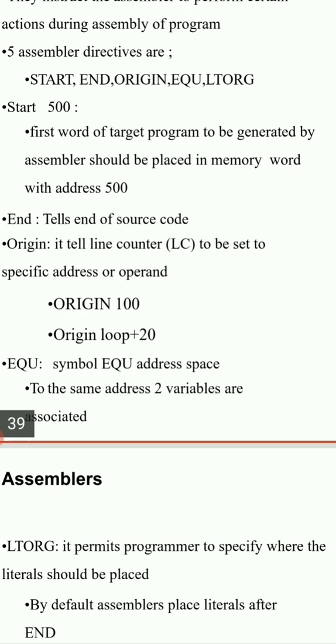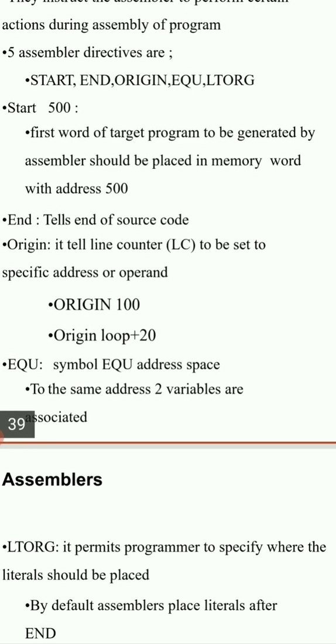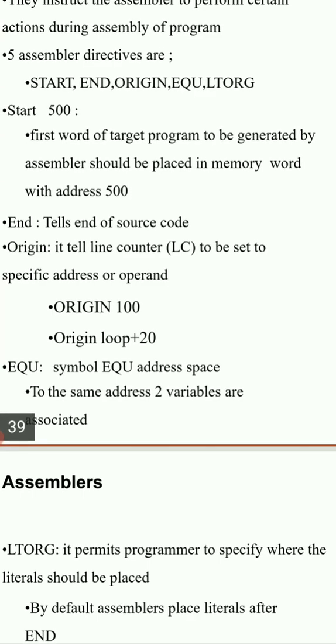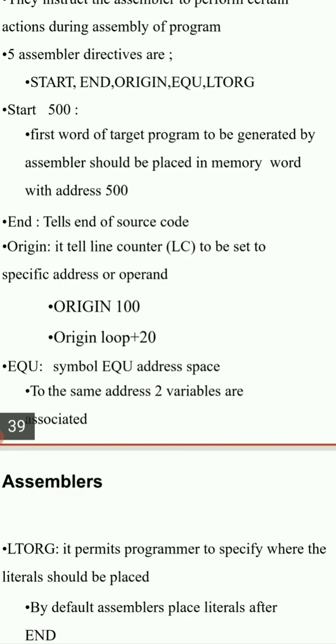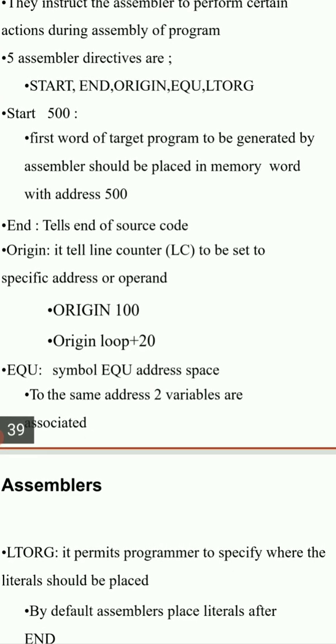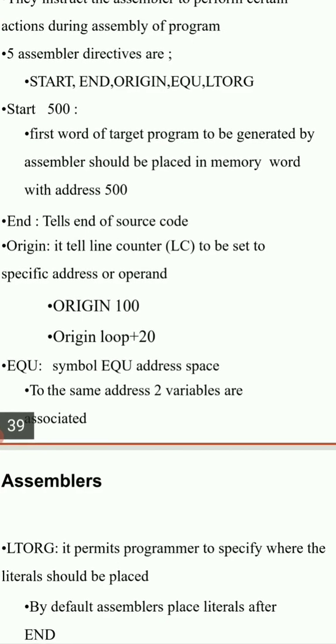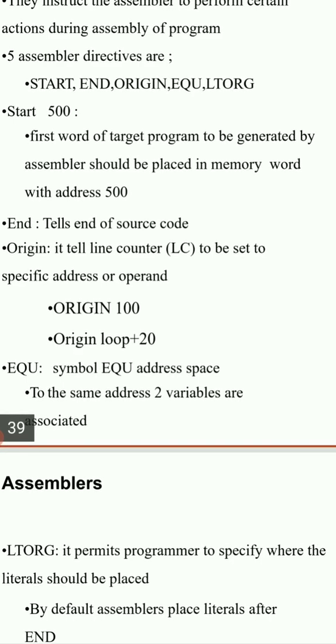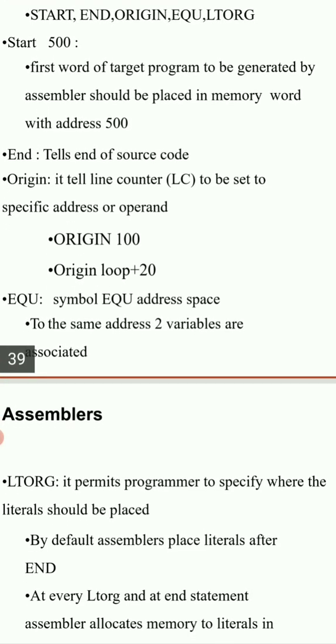If we write an instruction like BACK EQU LOOP, it means BACK is set to the address of LOOP. By using that, we can give the data we have to the operand specification. So the symbol EQU address specification gives the same address to the variables which are associated.